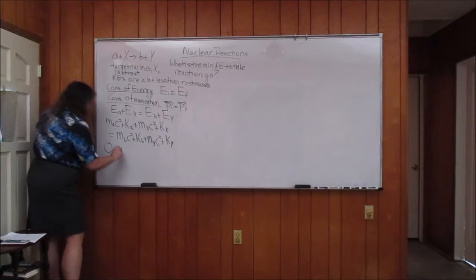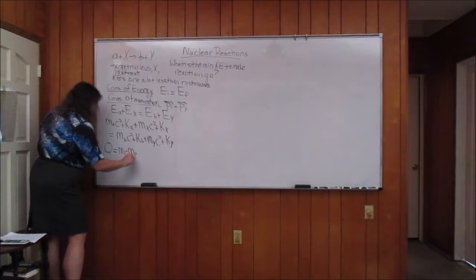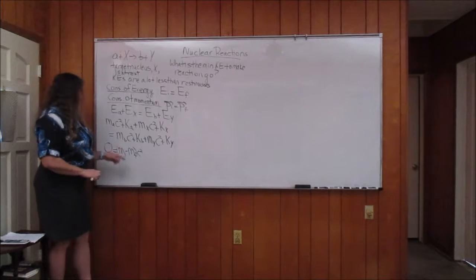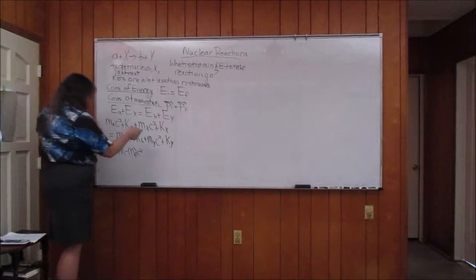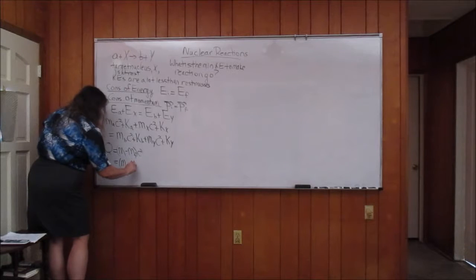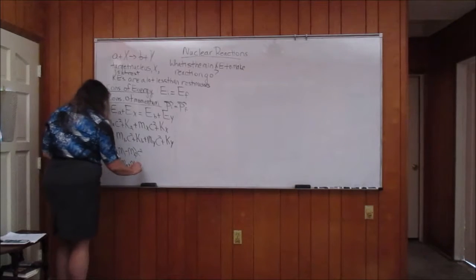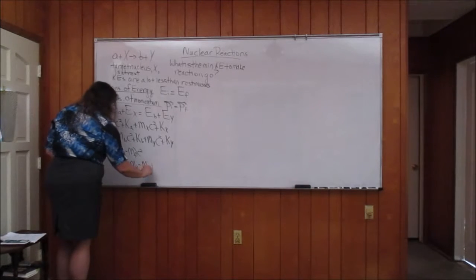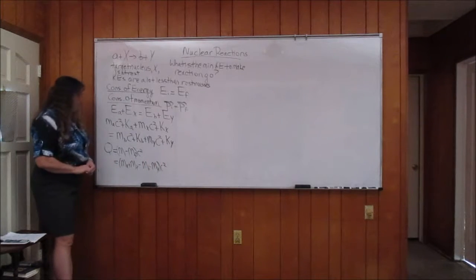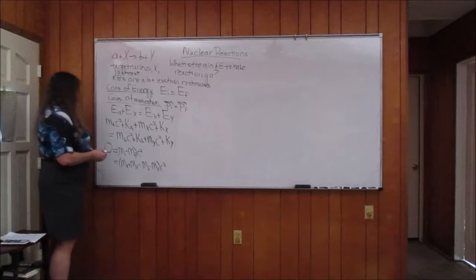equal to the total initial mass minus the total final mass times c squared. And in that case, this becomes (MA plus MX minus MB minus MY) c squared. So I'll be able to rewrite this expression.